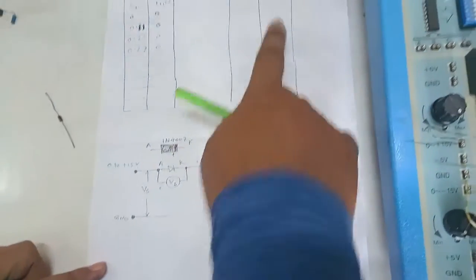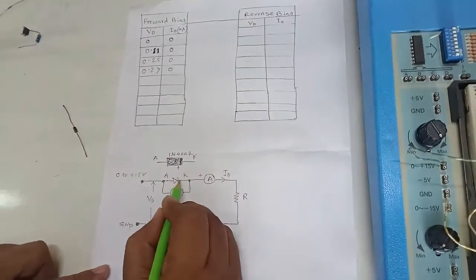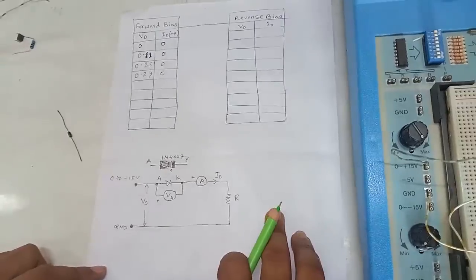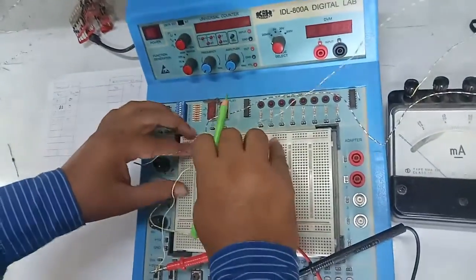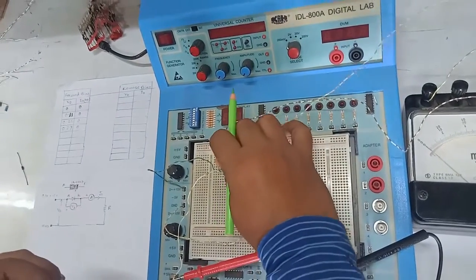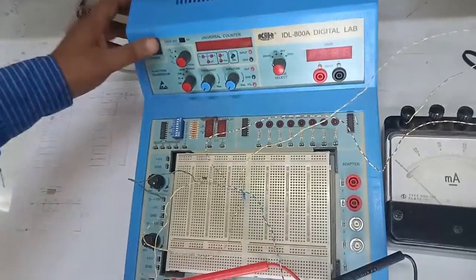For reverse bias condition, we will just change the diode polarity. All other arrangement will be the same. Change the polarity. Now power on.